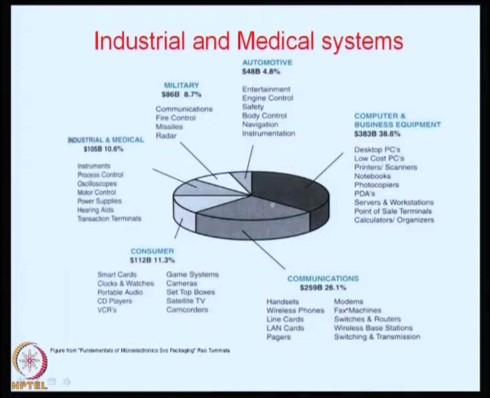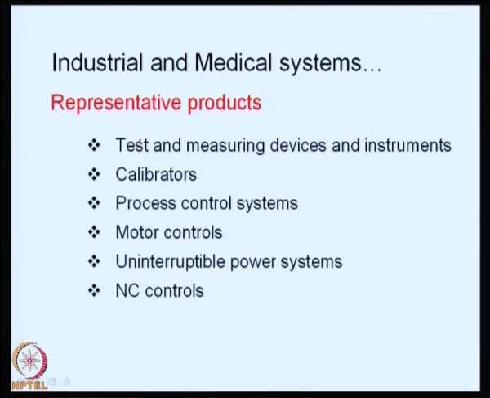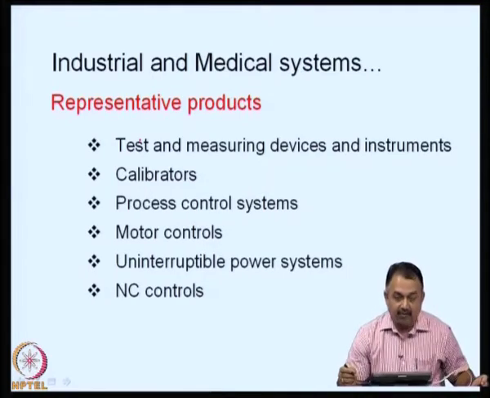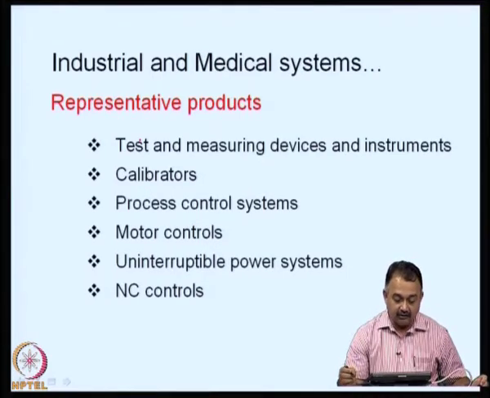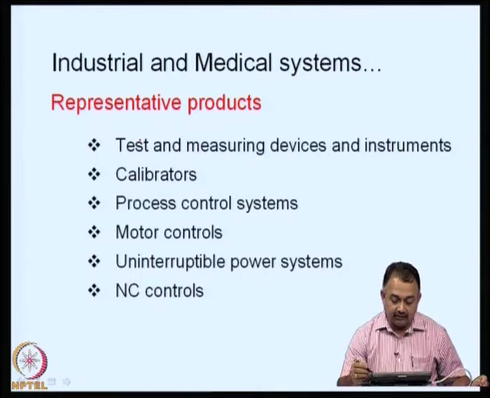Now, we will go into another sector called industrial and medical systems. As part of this pie here, as you can see, industrial and medical systems is about 11 to 12% of the updated figure of the global market scenario. If you look at the representative products in industrial and medical systems, we talk about test and measuring devices and instruments that are used in medical care and industrial systems.